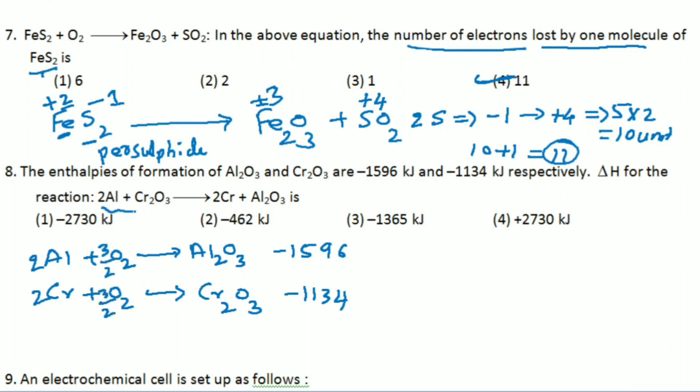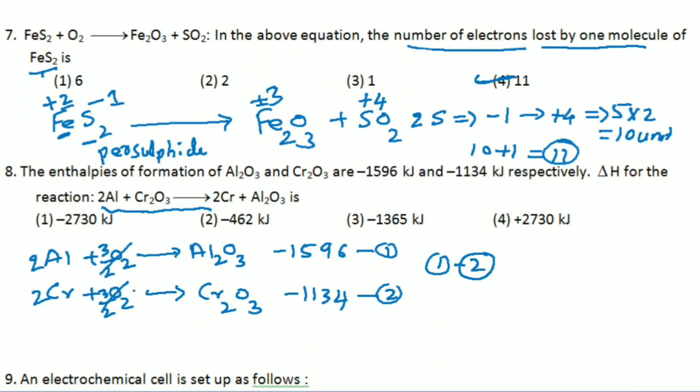Now we require this reaction. To get this reaction, remember, this is the first equation, this is the second equation. What I have to do is, first equation minus the second equation. The second equation should be subtracted from the first, so we have to write it in reverse. If I write it in reverse, here 3 by 2 O2, 3 by 2 O2 get cancelled.